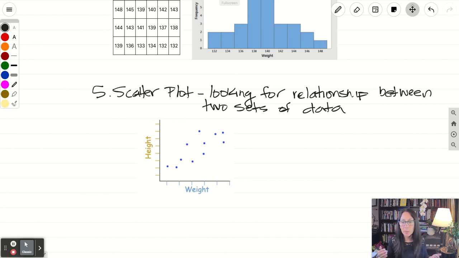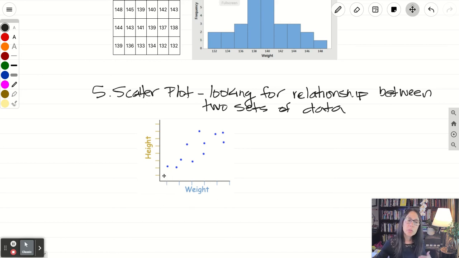You would take the height and the weight of each individual, and you would put that on a graph. And you can see that there is a relationship between the two, because as the height increases, the weight also increases. Okay, and inversely, as the height decreases, the weight also decreases.